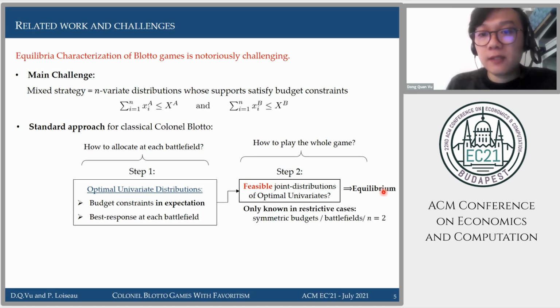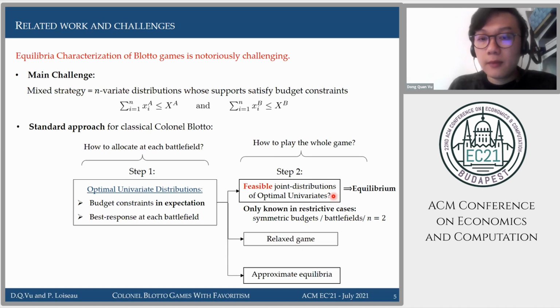However, even in the classical Colonel Blotto game, the construction of such a joint distribution is currently only available in very restrictive cases. For example, where both players have the same budget, all the battlefields have the same values, or it only works where the number of battlefields is equal to 2. So in the cases where such a joint distribution is not available, there is work in the literature that uses the optimal univariate distribution to find the equilibrium of some relaxed game, to construct an approximate equilibrium.